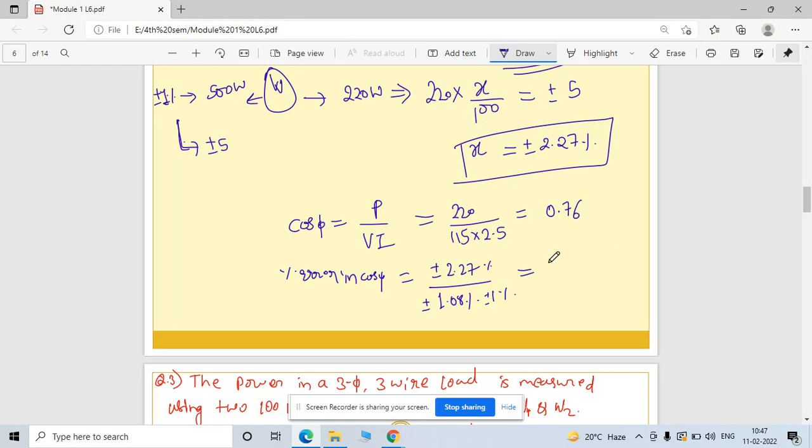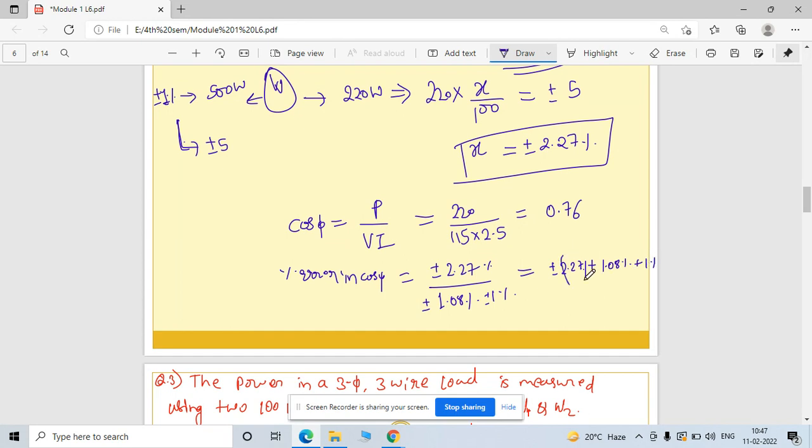So add all these percentage values here. While performing multiplication and division, these percentage values will always be added. 2.27% plus 1.08% plus 1%.